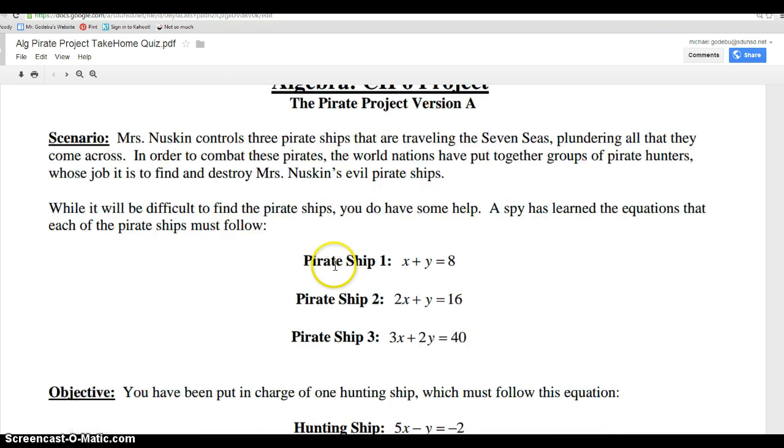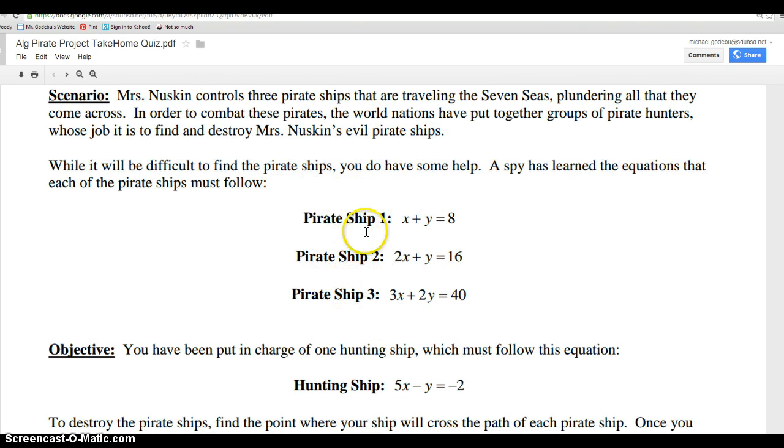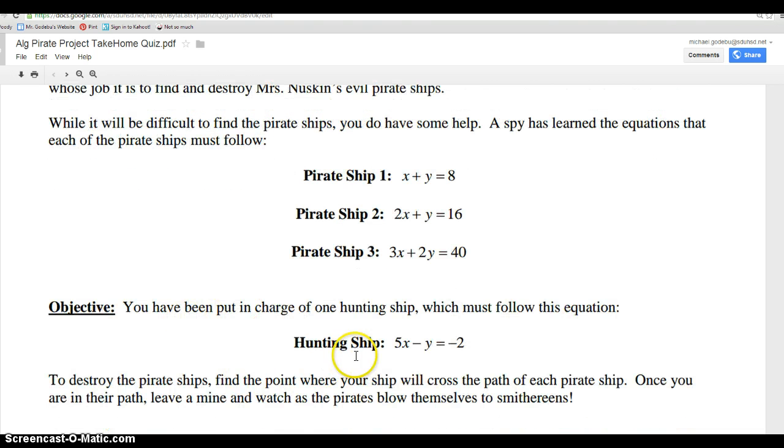There are 3 pirate ships that are represented by these 3 equations that you see here. Your objective as the hunter, which has its own equation, the hunting ship equation here, is to find where these 3 pirate ships are located and to destroy them with a mine.